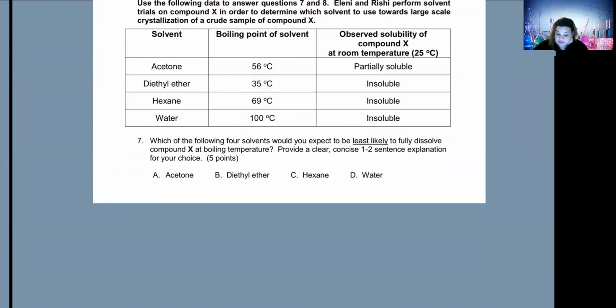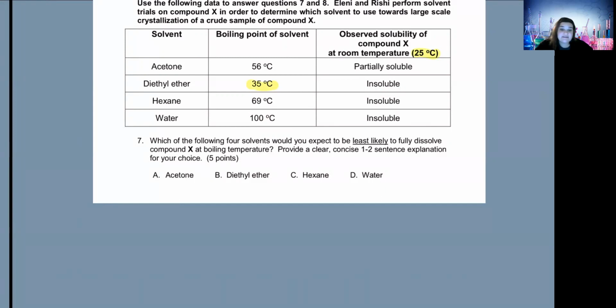Diethyl ether has a boiling point of 35 degrees Celsius. Now, room temperature is 25 degrees Celsius. Can we agree that that's not a big difference between these two? Right? That's 10 degrees. That's nothing, right? So if this is insoluble at room temp, what's the likelihood it's going to dissolve when we crank up the temperature by 10 degrees? Highly unlikely.